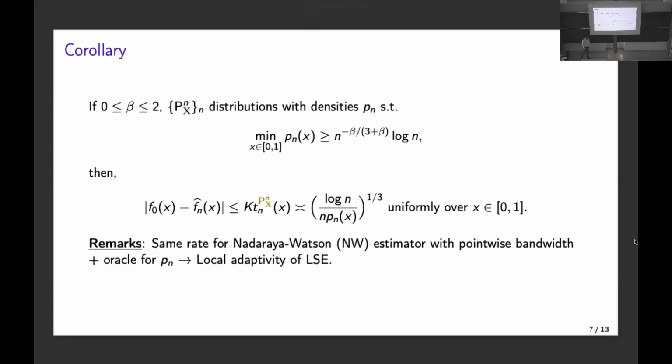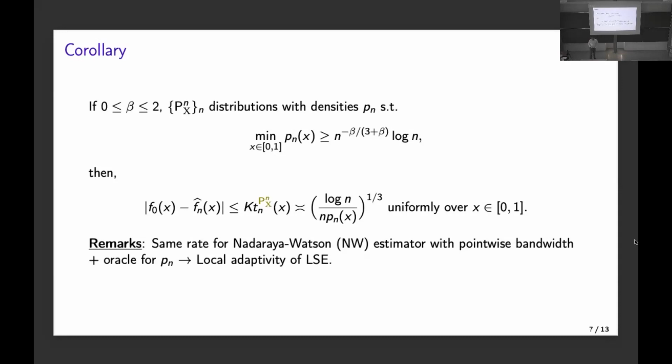So this result is a bit abstract. I propose to see what happens when I impose more classical conditions on my distributions. Now assume that we consider a sequence of distributions, and we assume that they are beta smooth with smoothness index between 0 and 2, and we assume that the minimum of each individual density is lower bounded by some term that tends to 0.